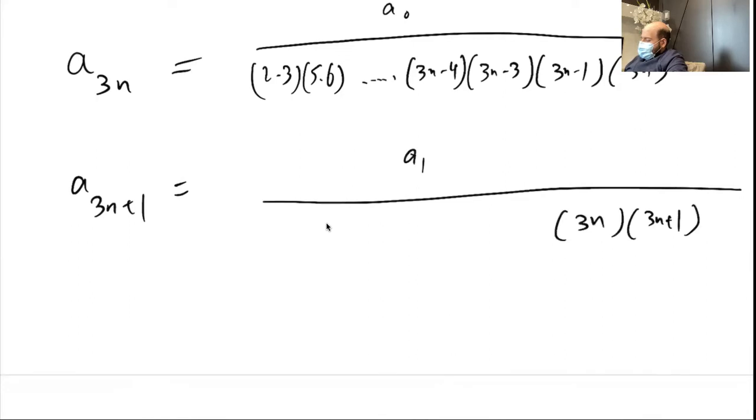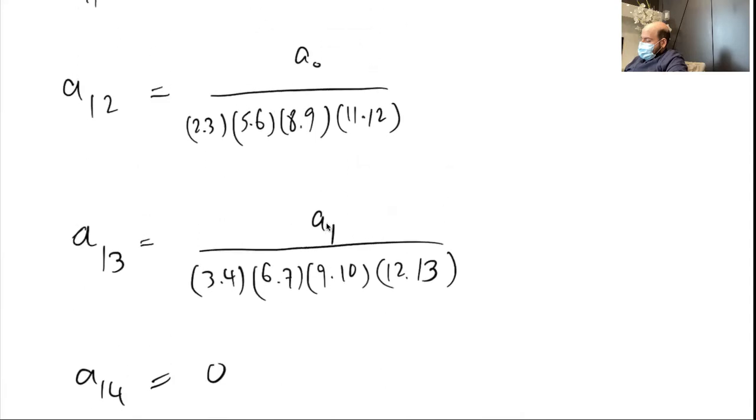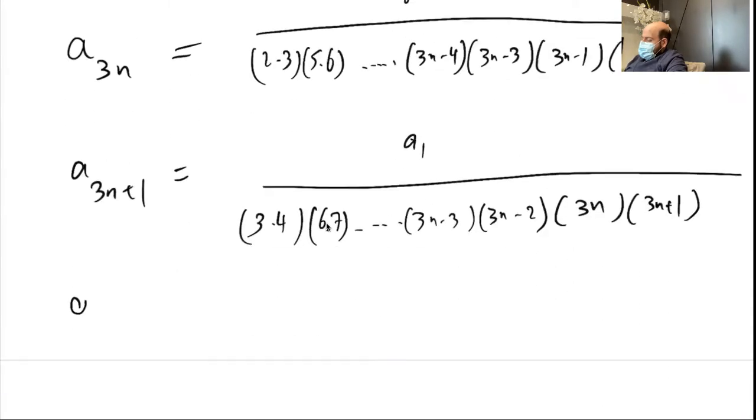And then one number is missing, 3n minus 1 will be missing, then 3n minus 2. Then 3n minus 3. And the last two numbers will be 7 times 6, and 4 times 3 here.